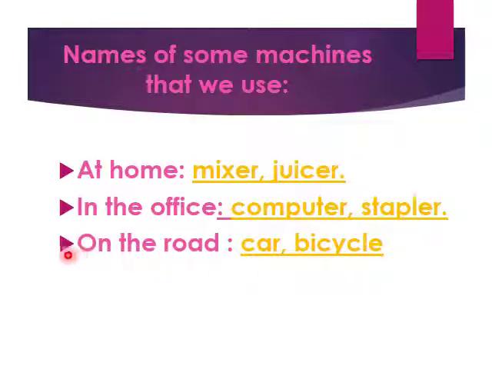A stapler is also a kind of machine. The machines we use on the road are cars and bicycles. So these are the machines which we use at home, in the offices, and on the road.